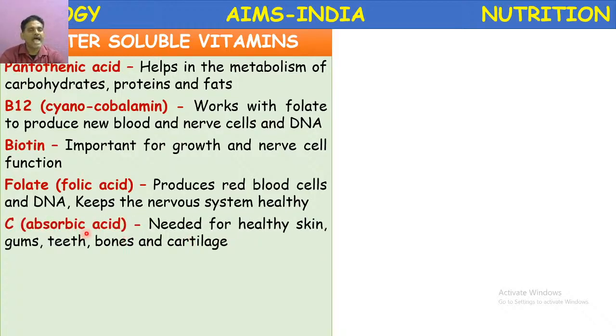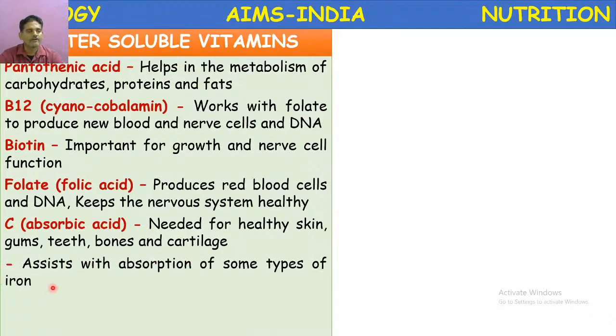Next, ascorbic acid. The last water soluble vitamin, ascorbic acid or vitamin C. It is needed for healthy skin, healthy gums, teeth, bones and cartilage. The main function of ascorbic acid is that it assists with absorption of some types of iron.